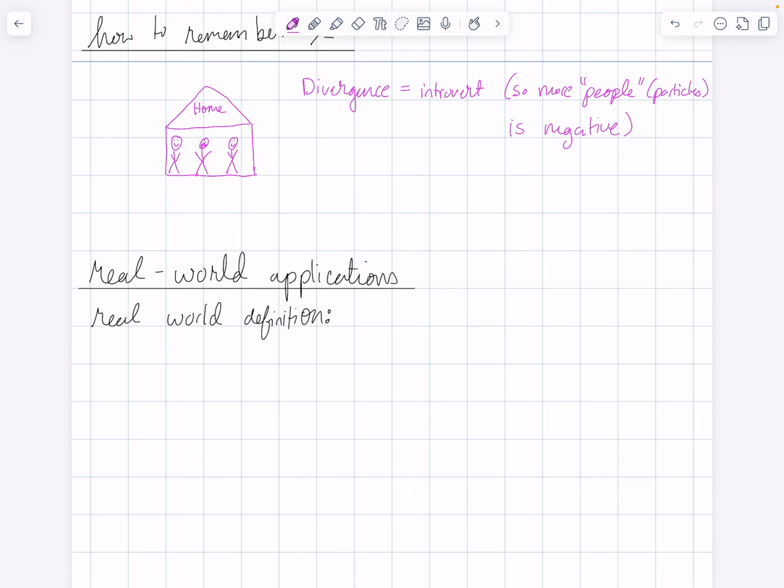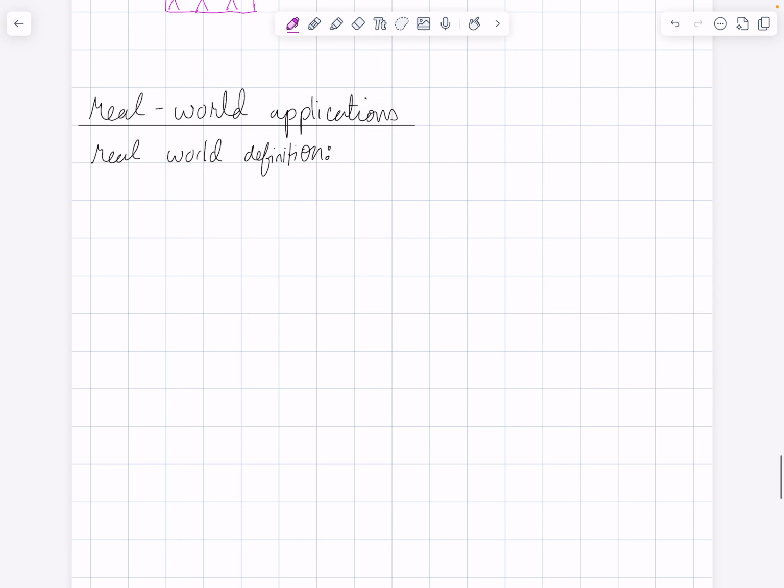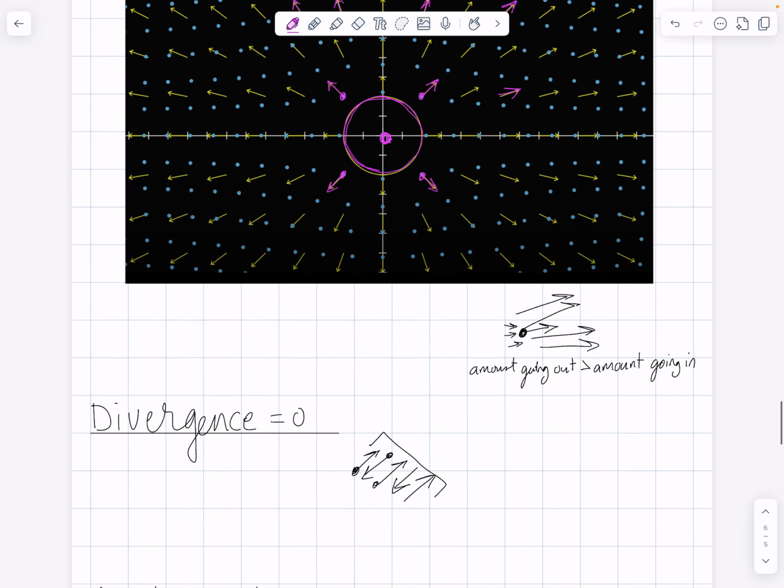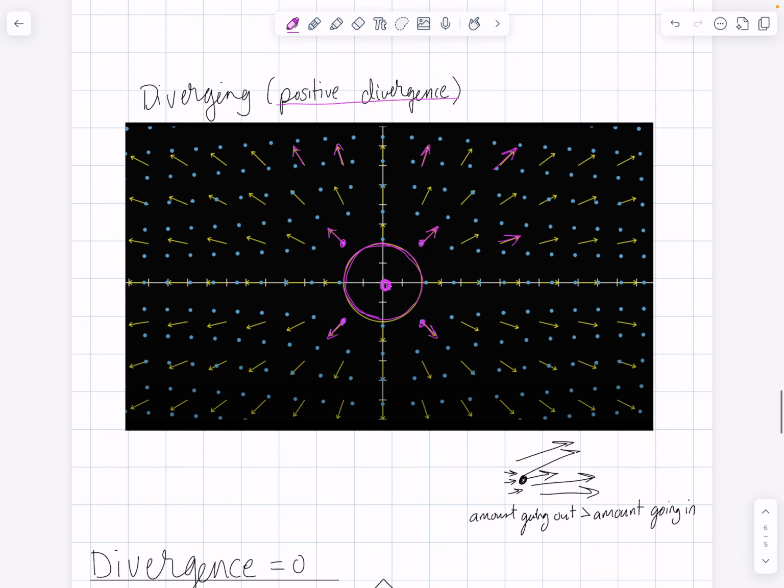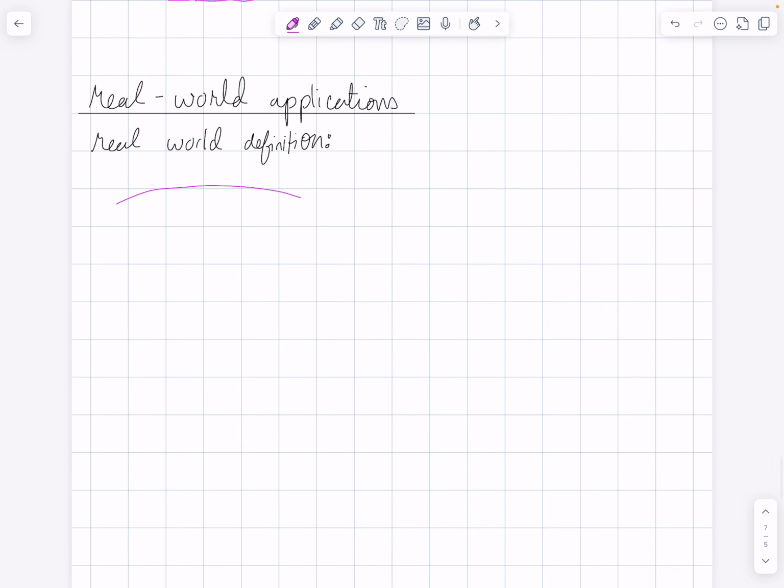Right, so let's talk about real world applications again. So again, another example of divergence, both positive and negative, would be a sink. If we had positive divergence, you might think about something like a faucet, right? So we have all this water coming out.